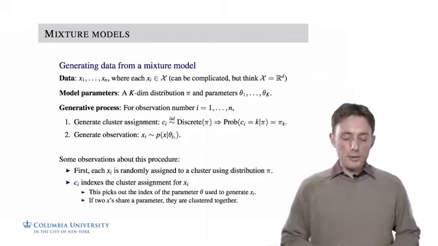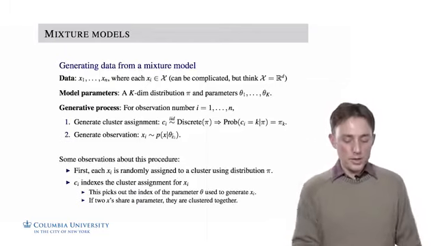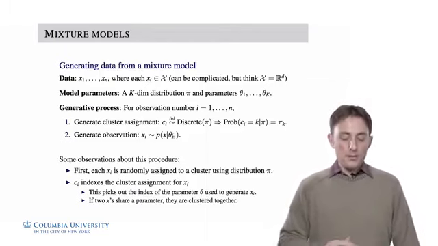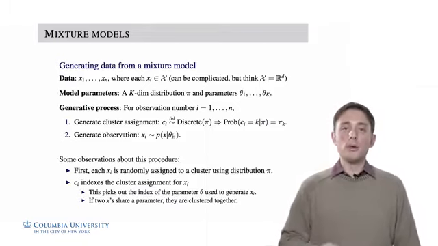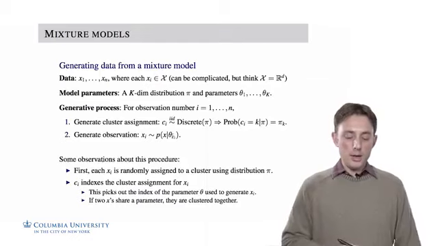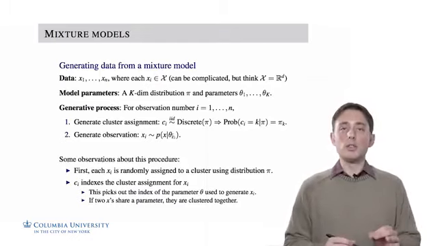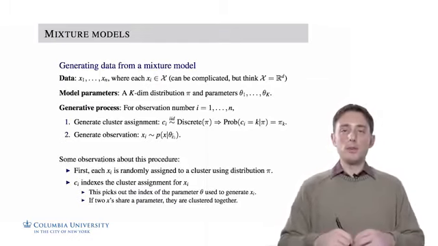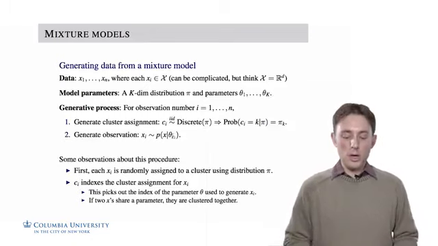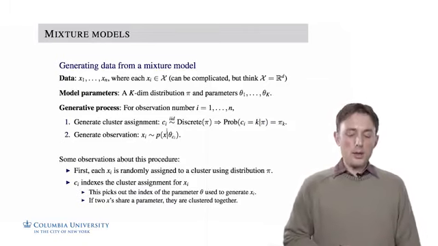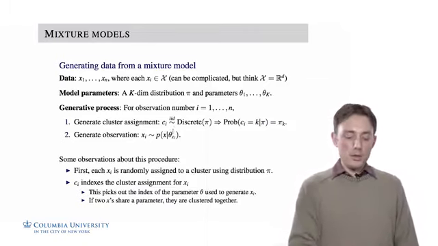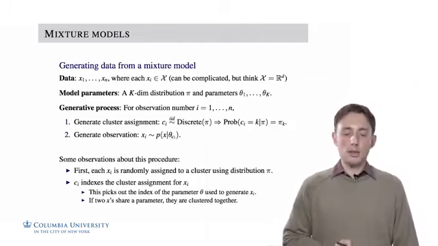So let's make some observations right away about this generative process. First, we see that each data point a priori, we're assuming, is first assigned to a cluster. Before we see the data point, we have to first assign the data point to a cluster according to pi. Then, when we assign it to the cluster, we pick the parameter to generate the data point according to the indexing of the cluster.